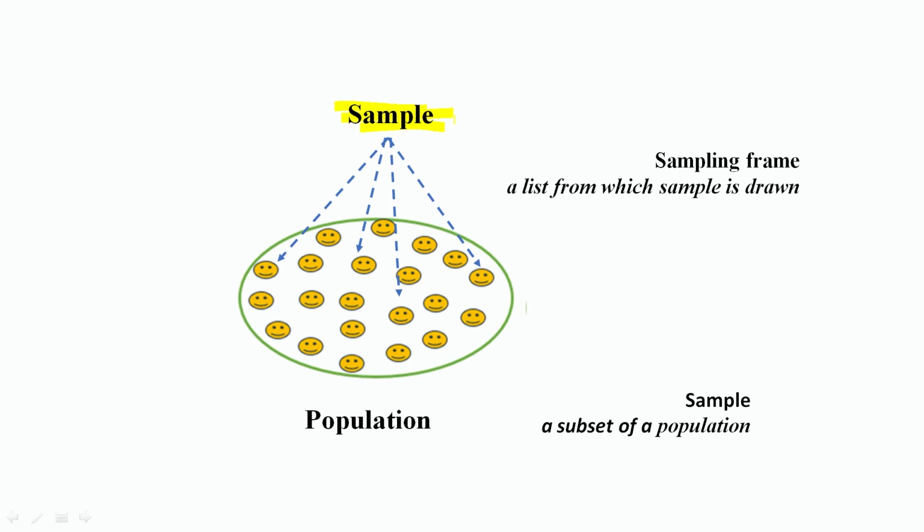So population is like this, where you have people in millions, and you have to identify a subset, and that process is from a sampling frame. Take the green boundary line here as the sampling frame. That is a list that we have, and the chosen subset is called the sample.